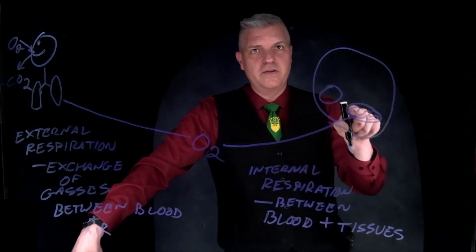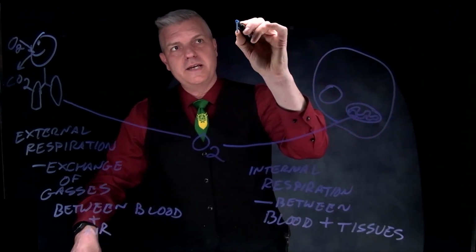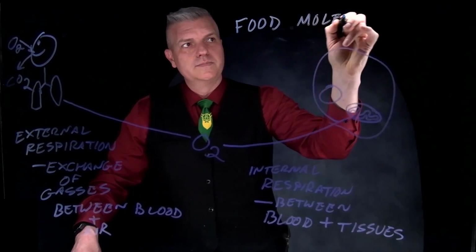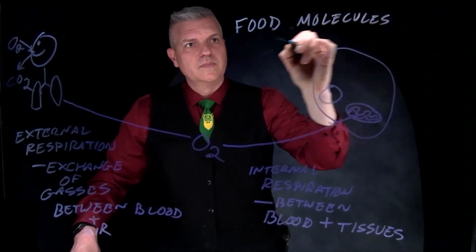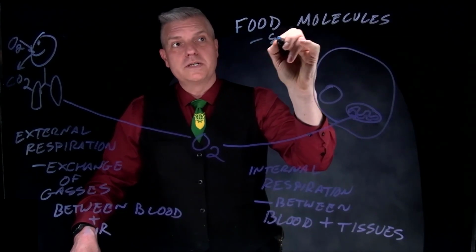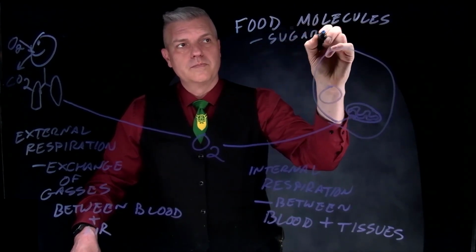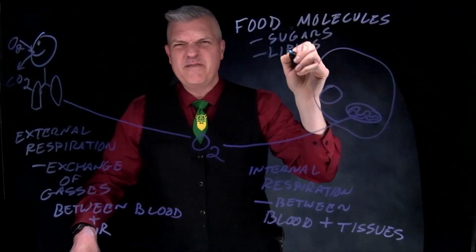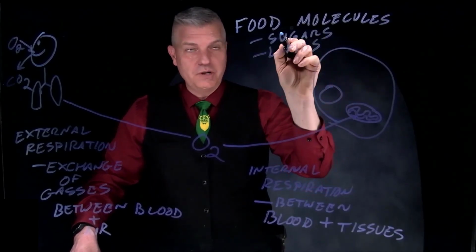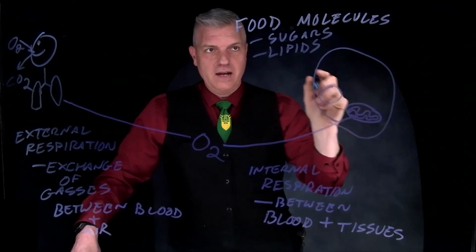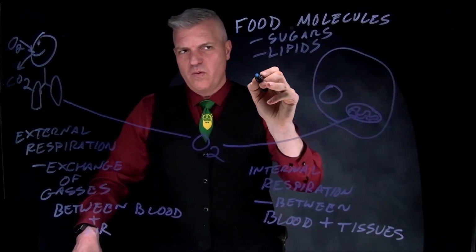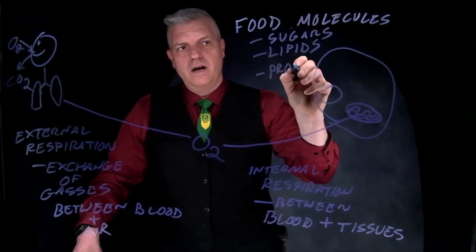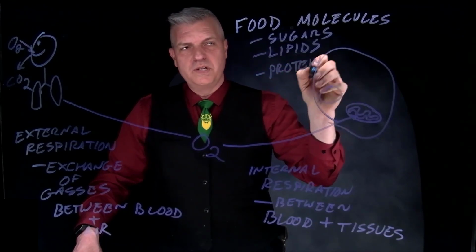Here's what the mitochondria does. It takes food molecules like sugars and lipids, fats, free fatty acids floating in the bloodstream too, sugars floating in the bloodstream too, they get in here. And then there's one other one. If we're starving to death, you can also use protein, but we don't usually use protein for energy.